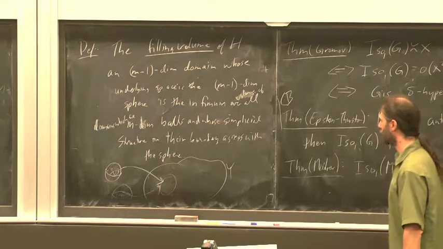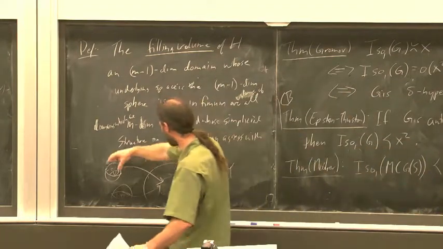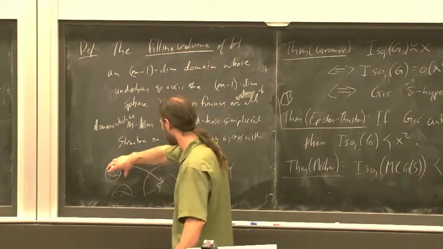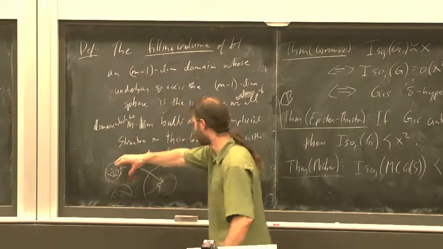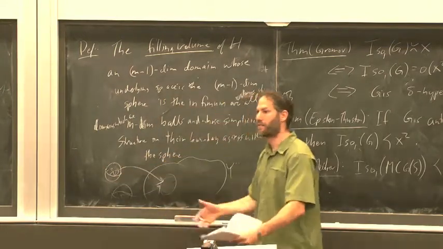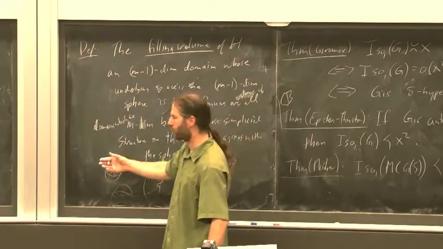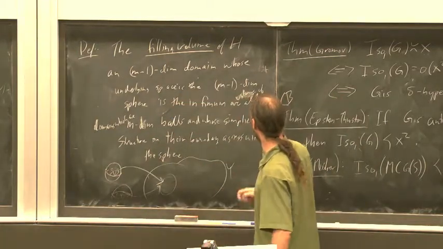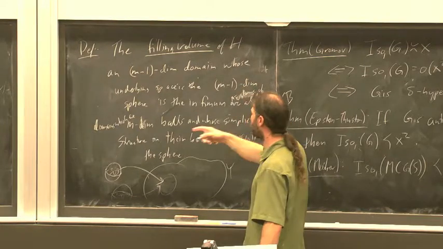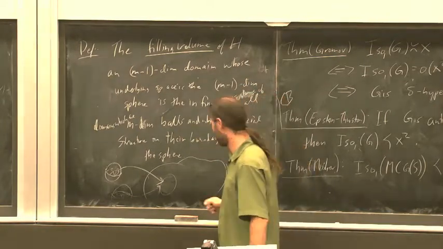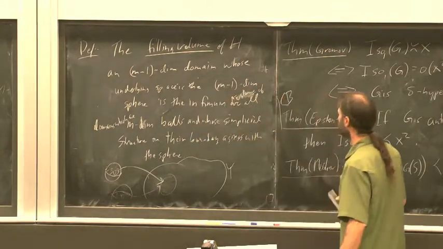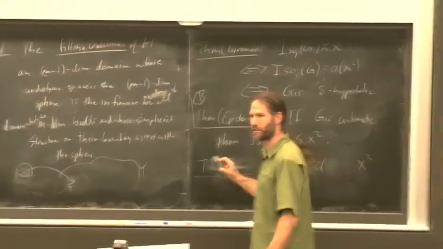Okay? There's lots of ways that I could map a ball into the space so that its boundary agrees with this boundary. I look at every possible way of doing that, and I look at the smallest volume of a ball, so the n-dimensional volume of this n-dimensional ball that's mapping in. Okay, so that's what the filling volume is.